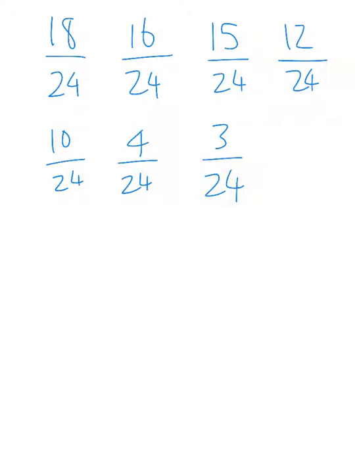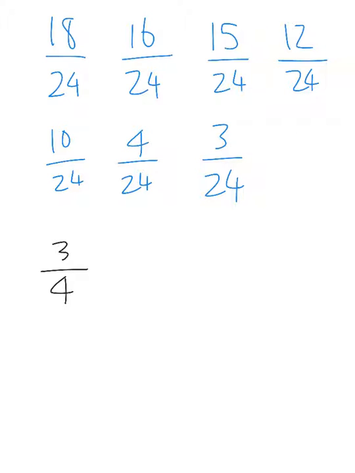So 18 over 24 was, what's the highest common factor of that? Let's simplify them back down. I think it is 6. So 18 divided by 6 is 3. 24 divided by 6 is 4.